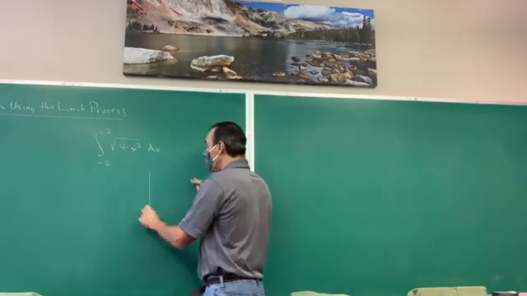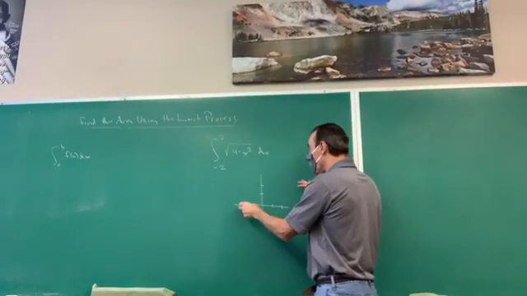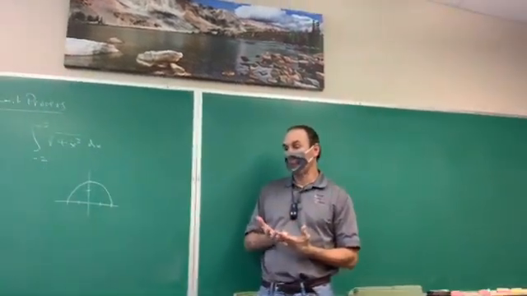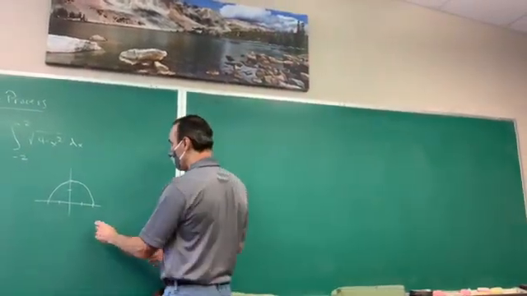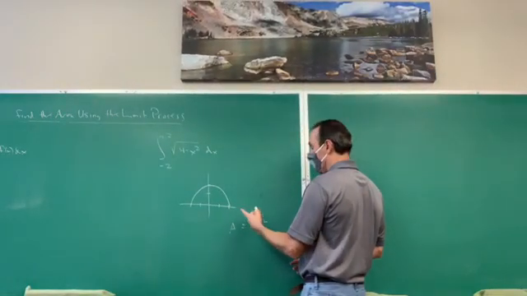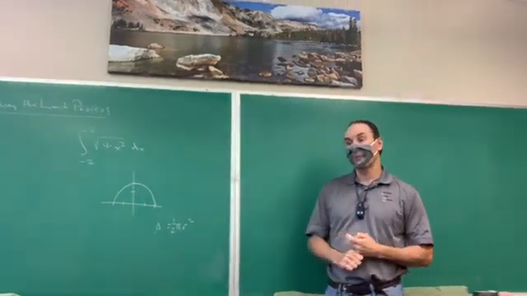So if you knew what that was, and you recognize that it's a semicircle, then we know that the area of a circle is pi r squared. So a semicircle is going to be 1/2 pi r squared.